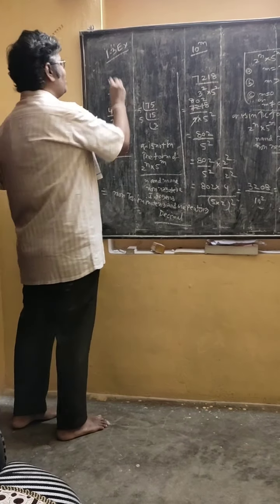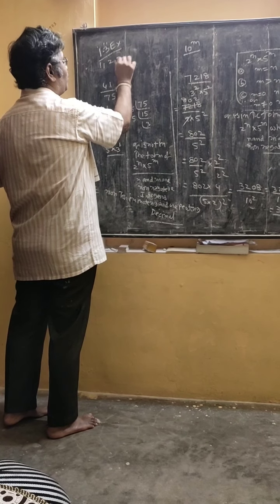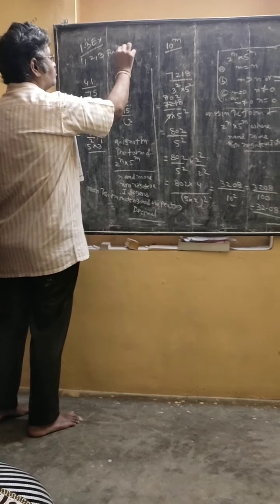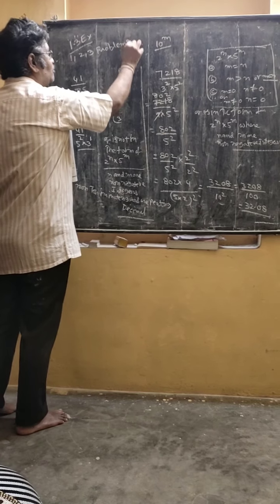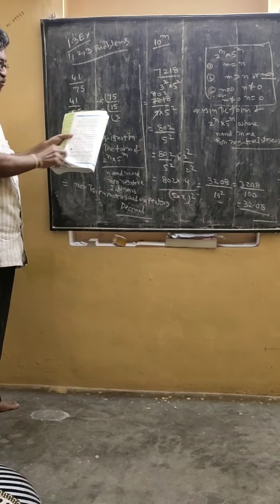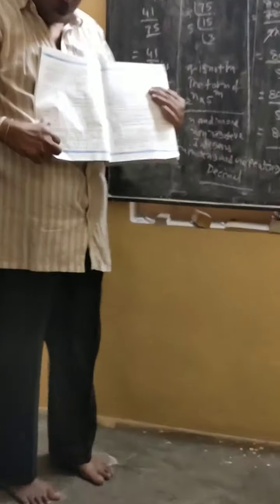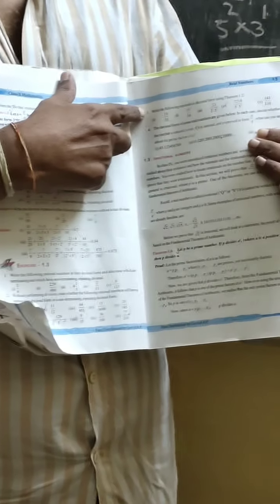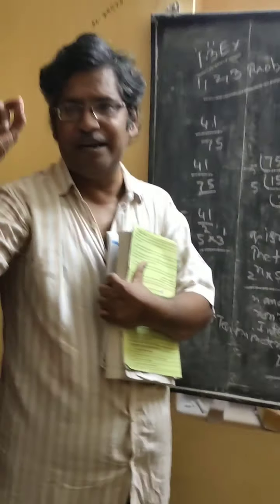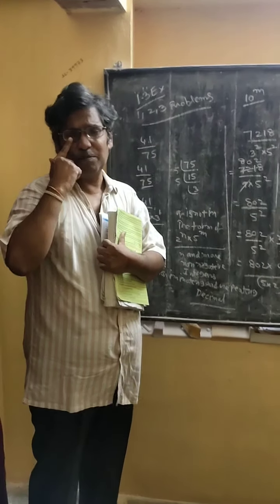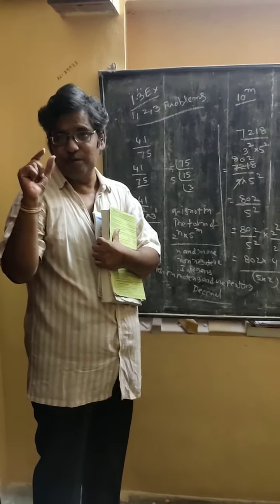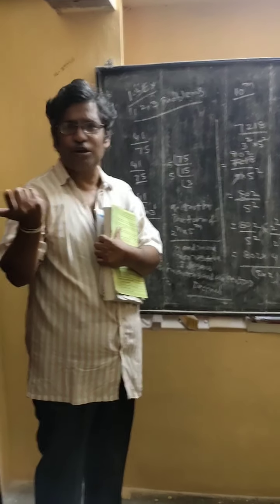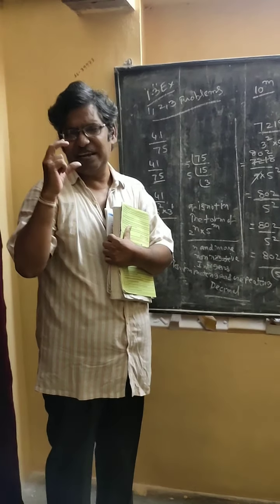Do the first 1, 2, 3 problems, this problem completely, this problem completely, and this problem completely, this one, and this one. Read the problem; without doing actual division means follow it. If it is not mentioned that way, then you may follow the division process also. It's a very easy topic.